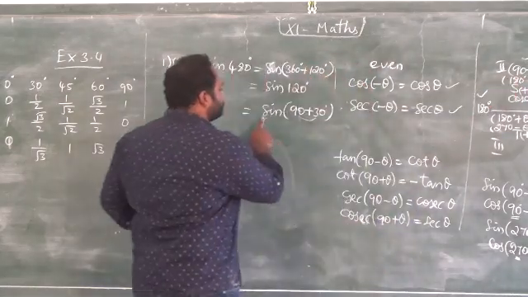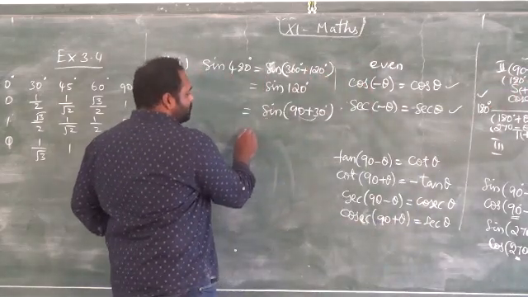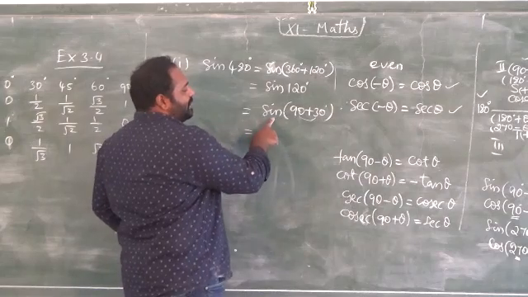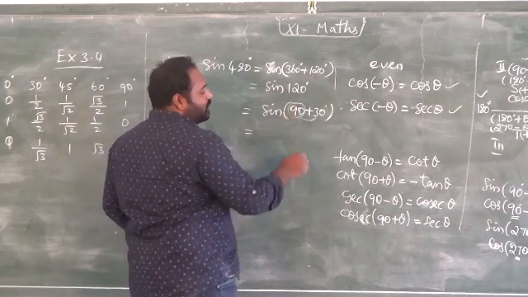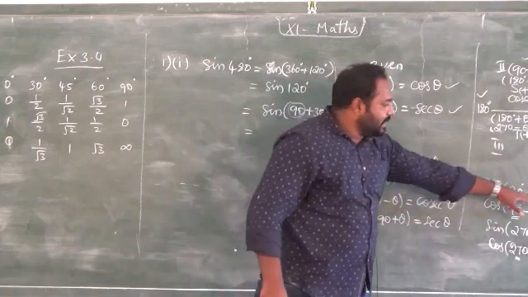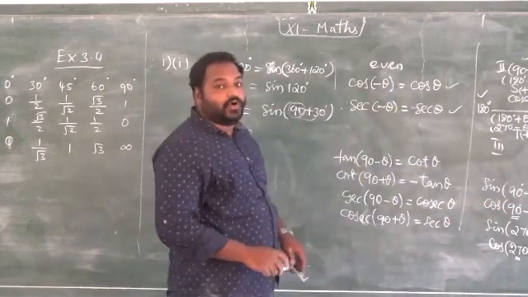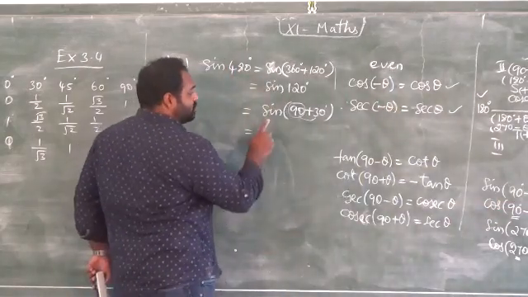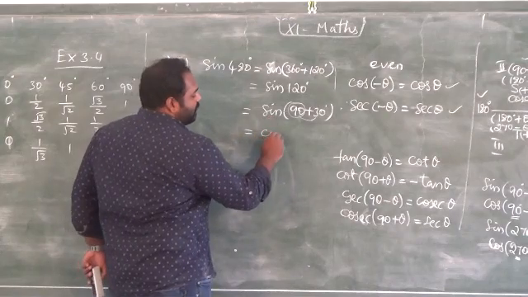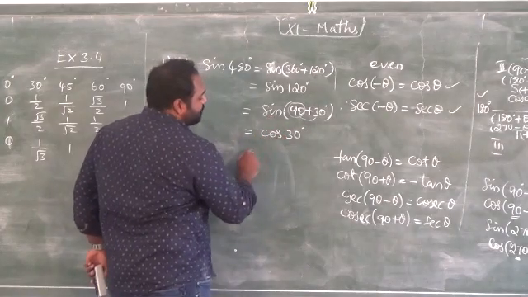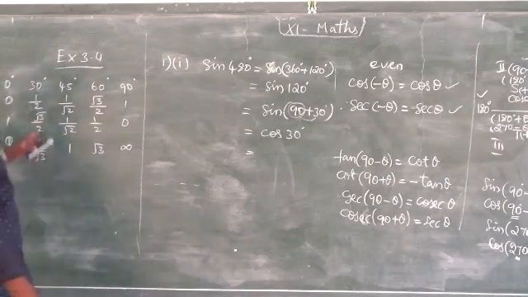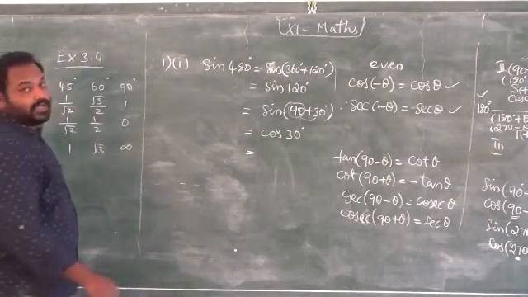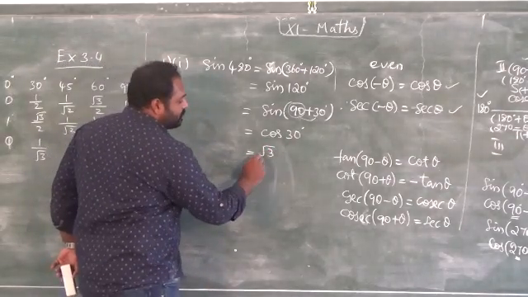Second quadrant. Sign positive or negative? It is positive. Then we have a 90. I told you already, whenever you have a 90, change to the co-ratio. What is the co-ratio of sine? Cos 30 degrees. What is the cos 30 degree value? It is root 3 by 2.